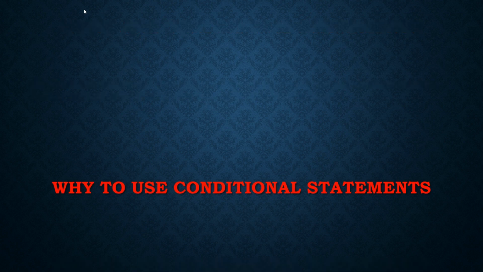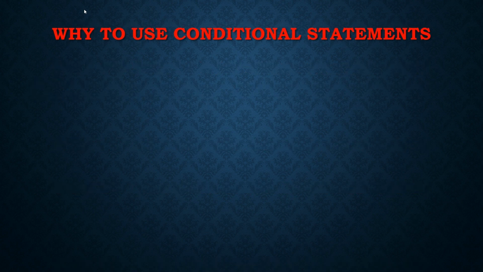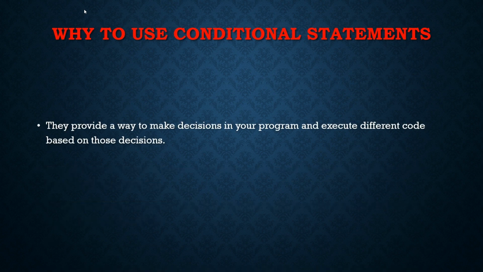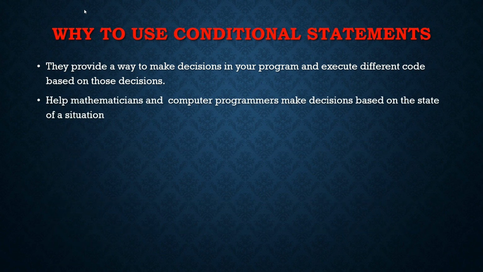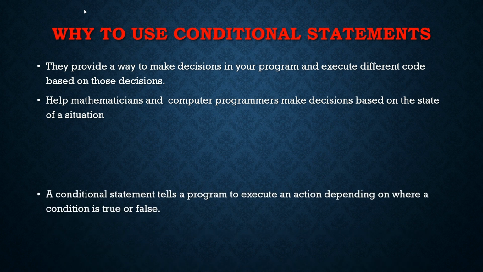And let us see why we need conditional statements. They provide a way to make decisions in our program and execute different code based on those decisions. The most powerful advantage of these conditional statements is that they help mathematicians and computer programmers make decisions based on the state of situations.